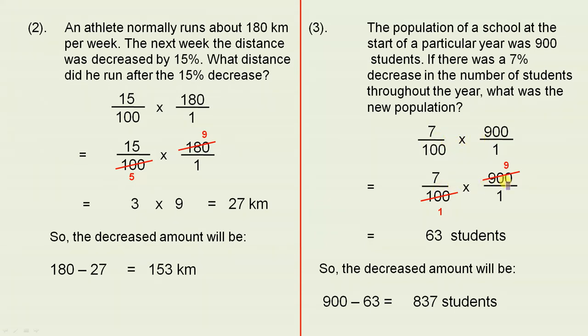I put that down again so we can do our working. 100 into 100 goes once. 100 into 900 is 9 times. 7 nines are 63, so the decrease will be 63 students. So the new population will be 900, take away 63, and that gives us 837 students.